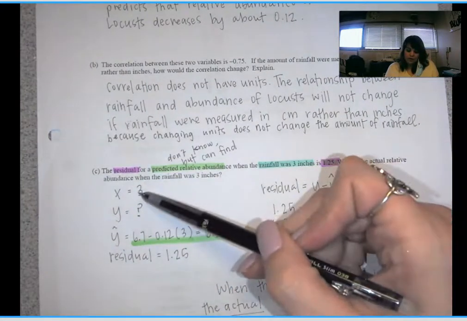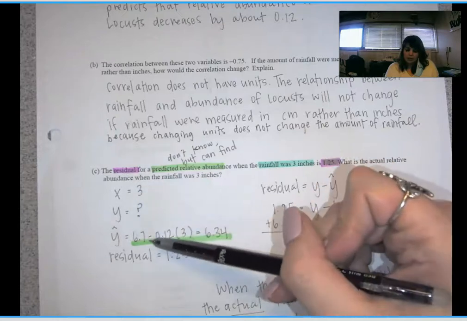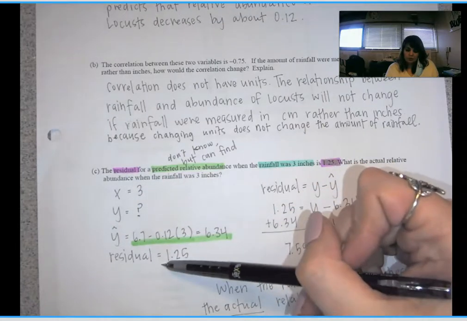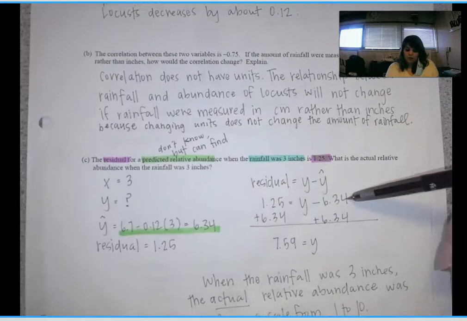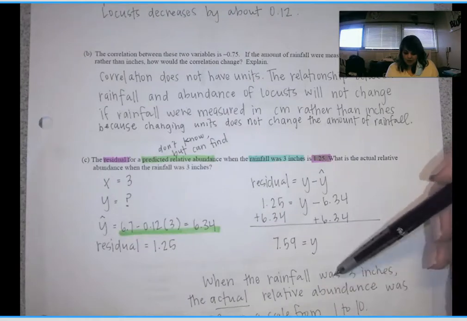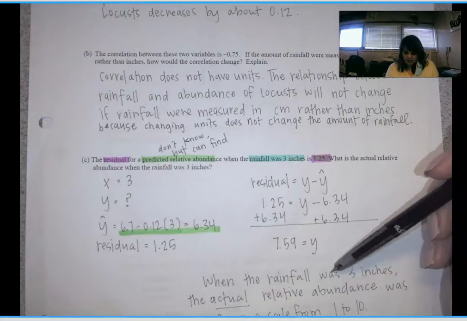They gave us x. We can calculate y hat, and they gave us the residual. So we use this equation to solve for actual, and then we interpret, or we make a statement.